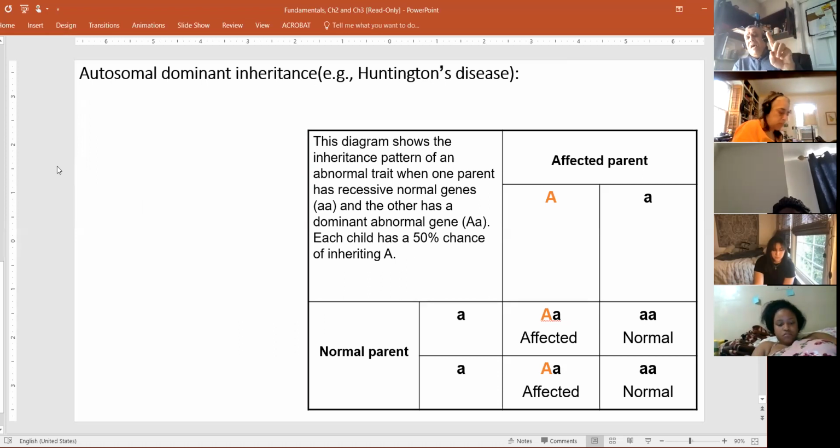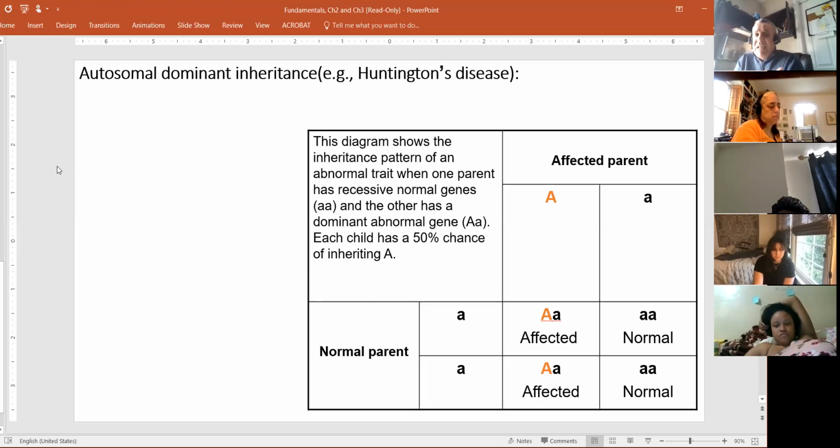Now, only one affected parent married to a normal parent, because this is autosomal dominant, then it's all prediction. It predicts the percentage of affected versus the healthy and the carriers. In this case, there are no carriers, either affected or normal, or healthy. So it goes to 50% affected and 50% healthy.